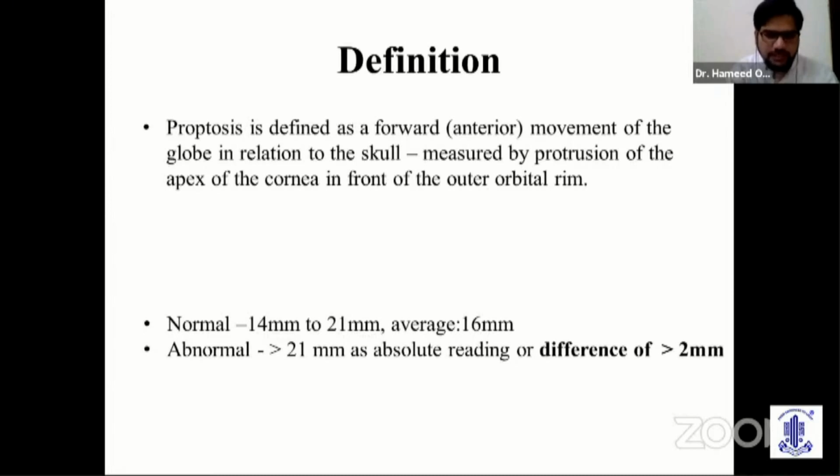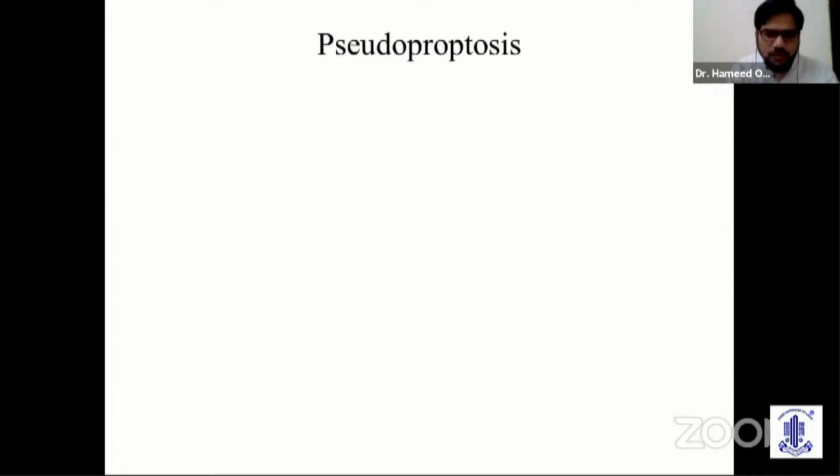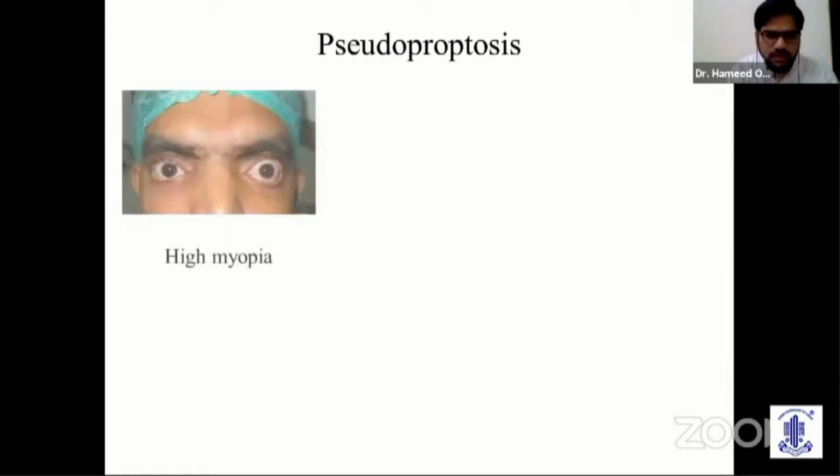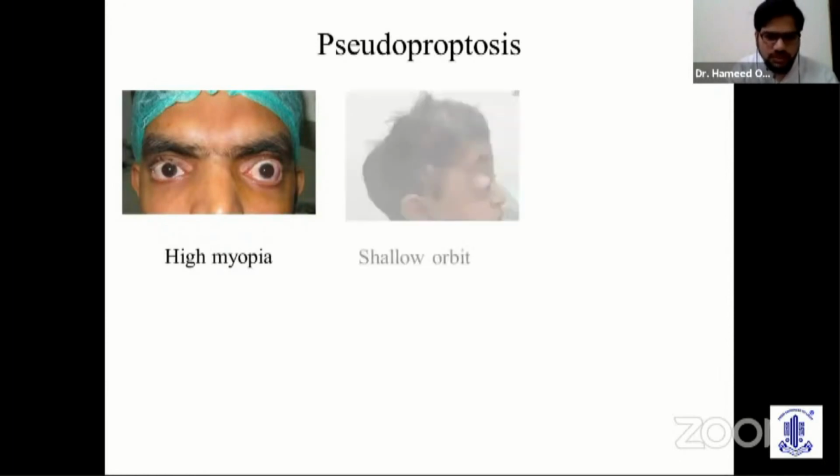considered significant. Before knowing about proptosis, we need to know what are the conditions that can mimic proptosis, which is called pseudoproptosis. Like in this case, if there is an increase in the size of the globe, for example, unilateral high myopia or buphthalmos can present as pseudoproptosis.